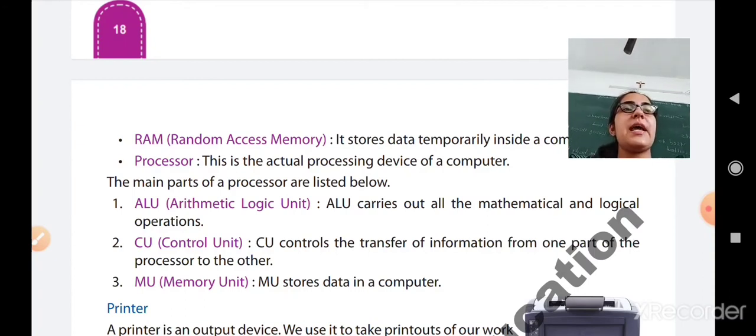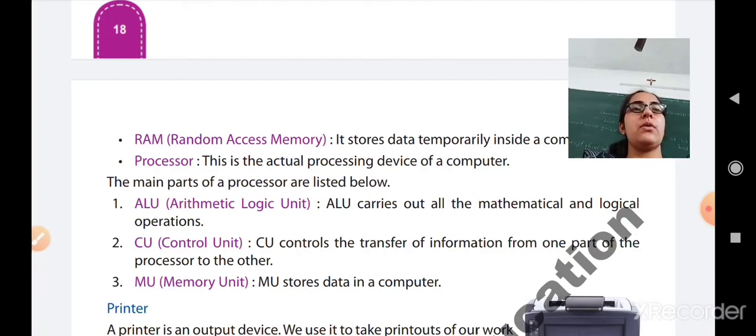First is ALU, that is arithmetic and logic unit. The ALU carries out all the mathematical and logical operations. It means plus, multiplication, division, greater than, less than, equal to, not equal to. All these operations are performed using the ALU.